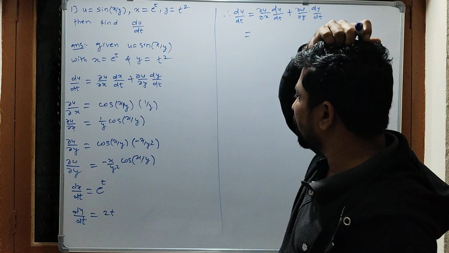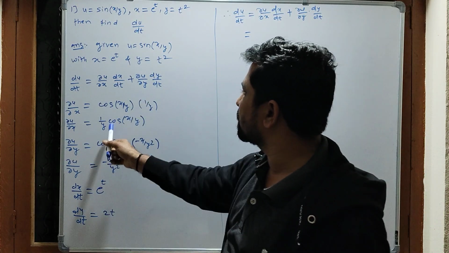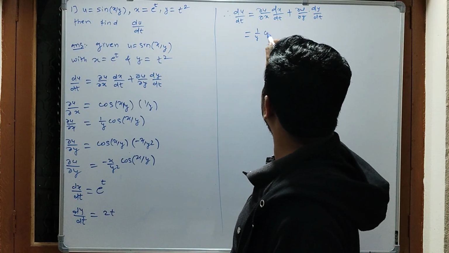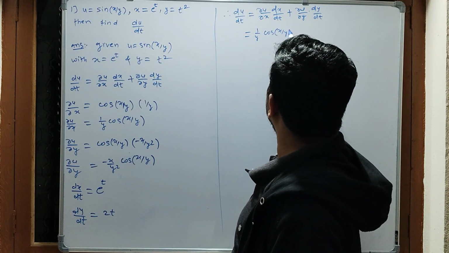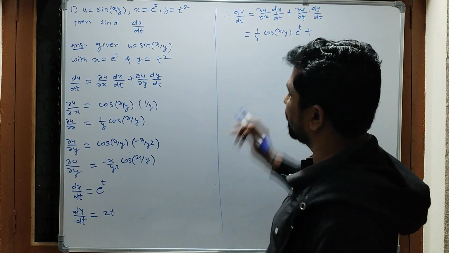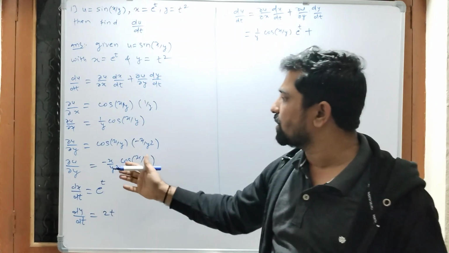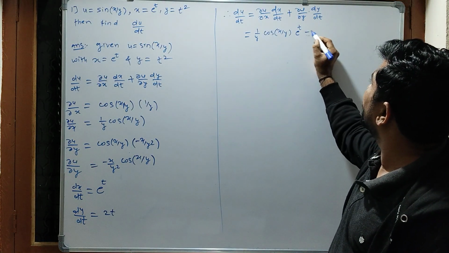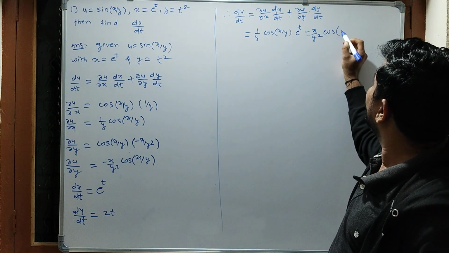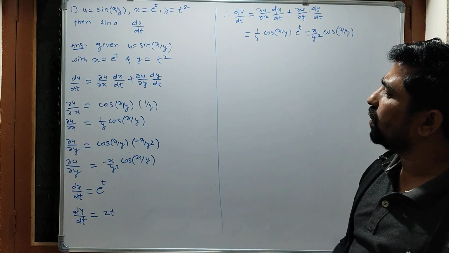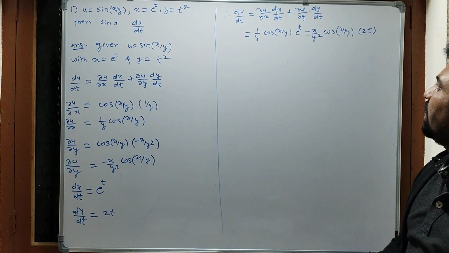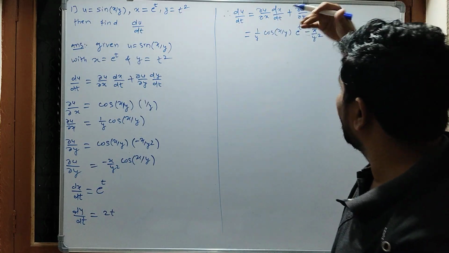Dou u by dou x is 1 by y times cos of x by y, and dx by dt is simply e to the power t, plus dou u by dou y, which is minus x by y square times cos of x by y, into dy by dt, that is simply 2t.